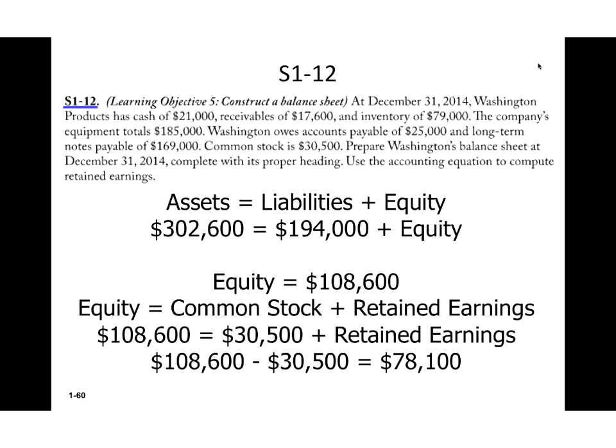So when we subtract the 2, we end up with our final answer here of retained earnings being $78,100. Okay? And that's what we had to do. All these calculations, we needed retained earnings. So before you start this balance sheet, you're going to have to go through those calculations and figure out retained earnings.